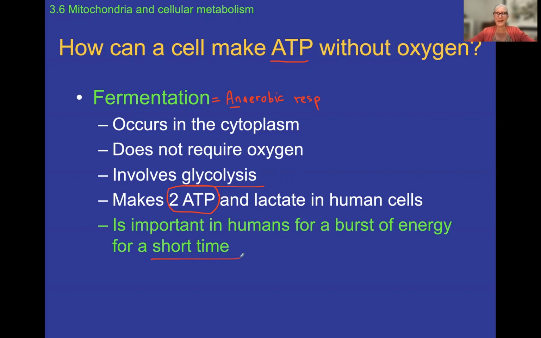So sprinting, lifting heavy weights, things like that, where the muscles are contracted, using up the ATP quickly, so if there's not enough oxygen, you can't maintain the production of ATP. For example, a 100 meter sprint, that sort of thing.